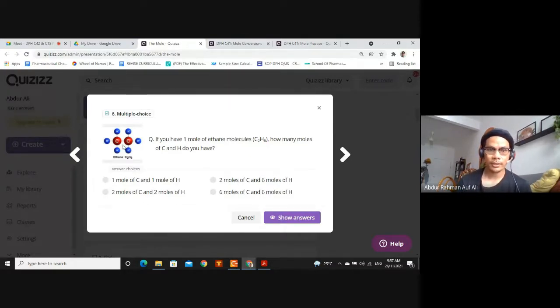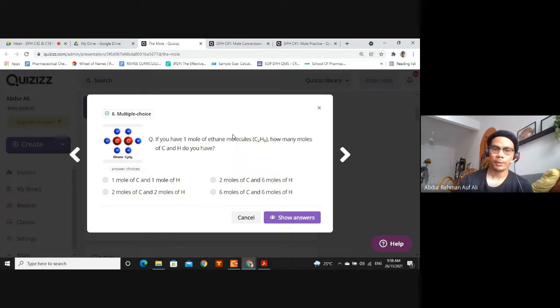Okay, so in here in 1 mole in 1 molecule ni dia ada 2 biji carbon, 1 dan 2, and dia ada 6 biji hydrogen. So the question asks if you have 1 mole, kalau ada 6.02 darab 10 kuasa 23 ethane, how many moles of carbon and hydrogen do you have?